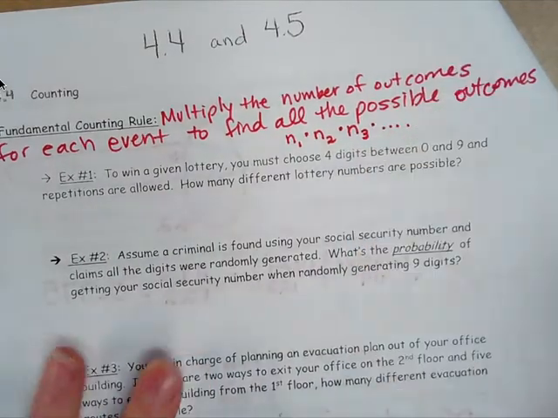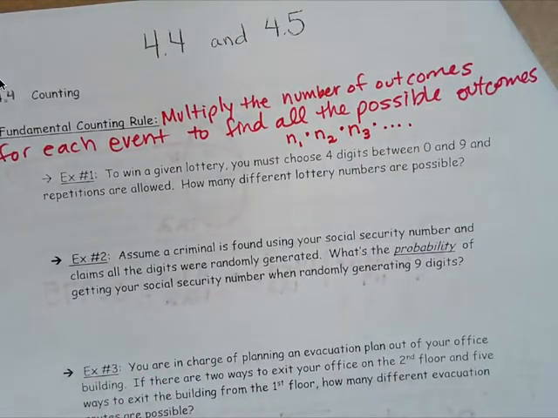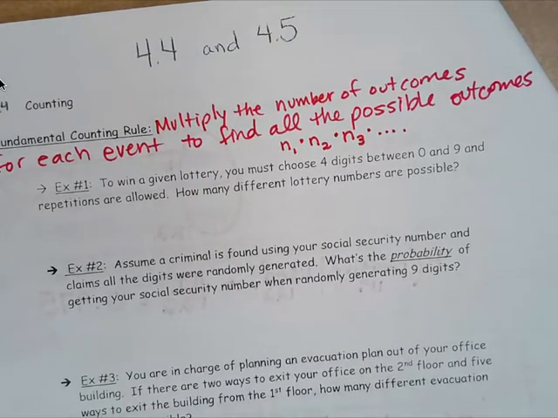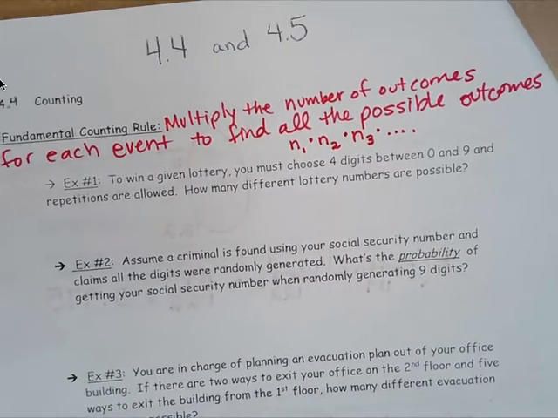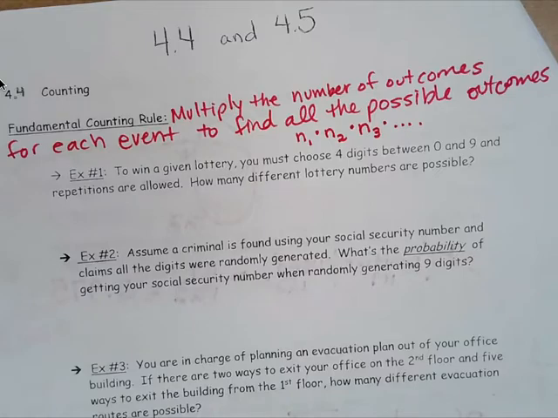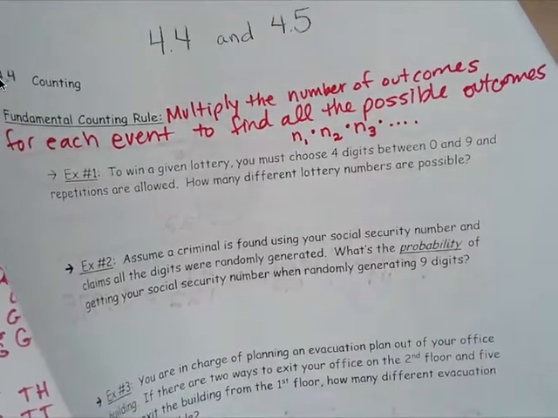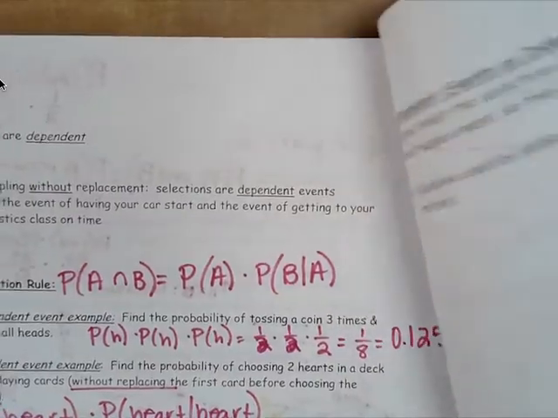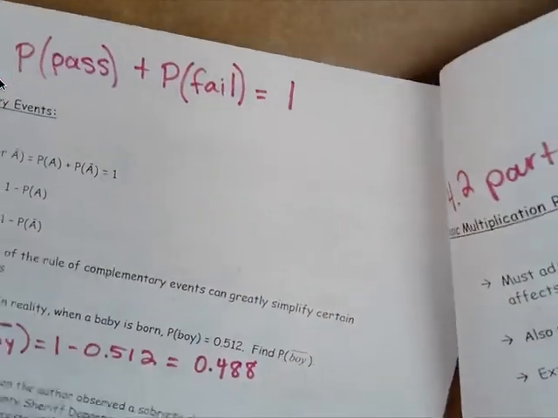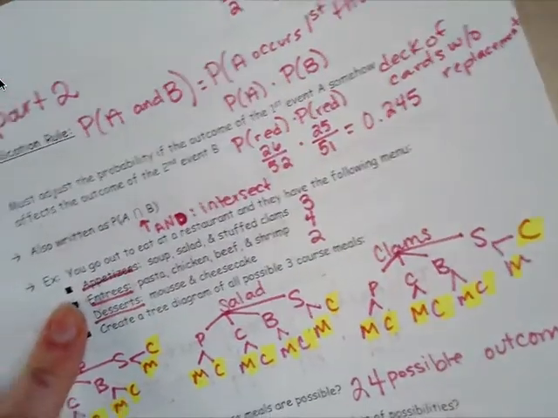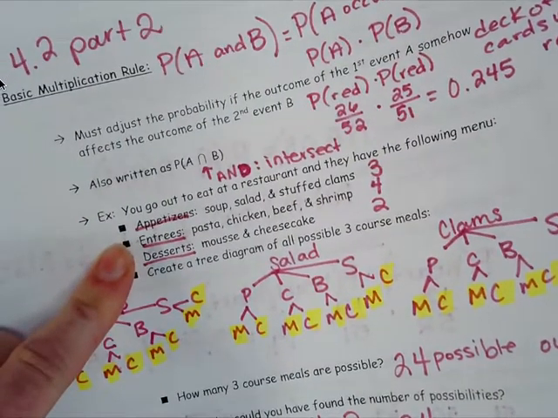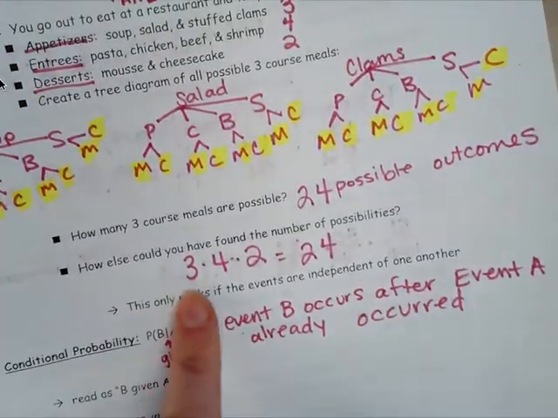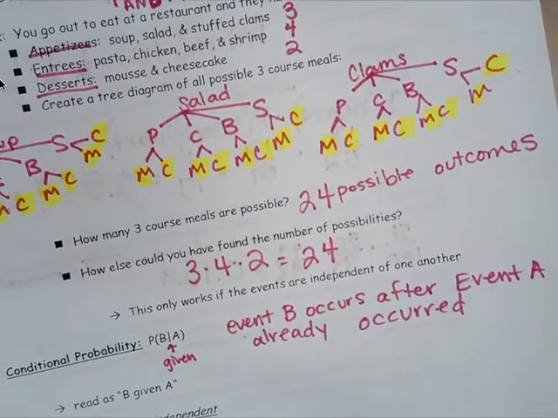So you'd multiply all of those to get all possible outcomes. This is like what we did with the appetizers, entrees, desserts, we could have just multiplied to find all the possible outcomes.